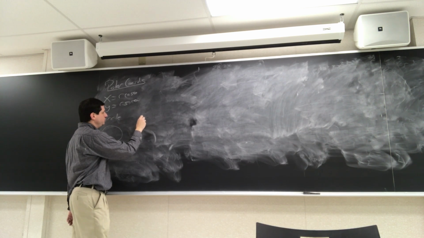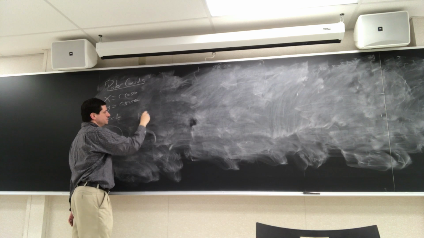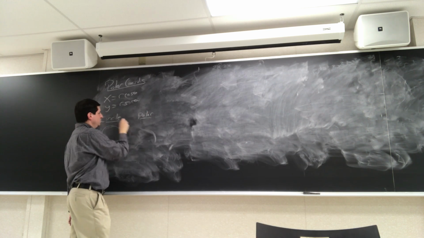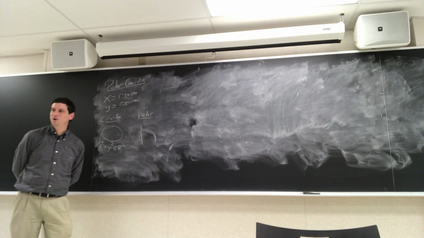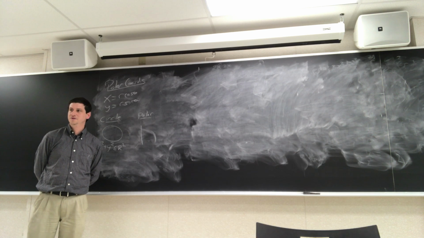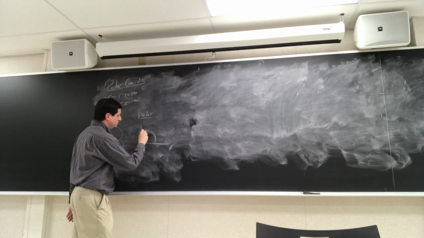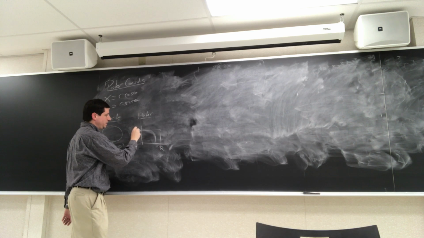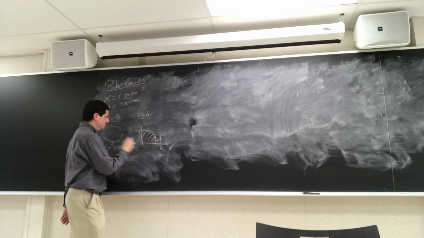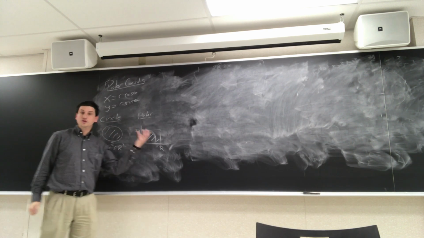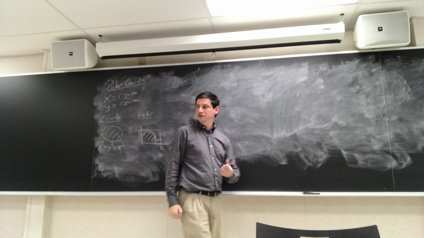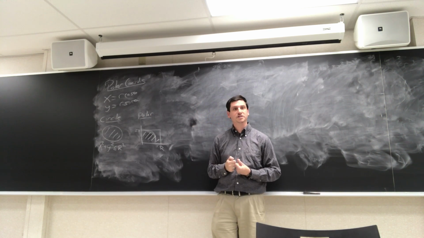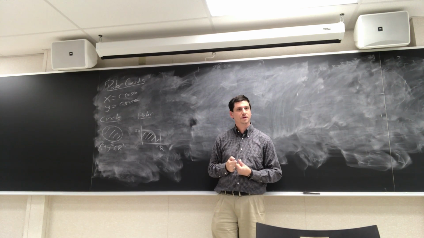And if we go into polar space, what does a circle look like in polar space? It looks like a rectangle. So here is our radius r, here is 2 pi. And so the circle looks far better in polar coordinates than it does in Cartesian coordinates.